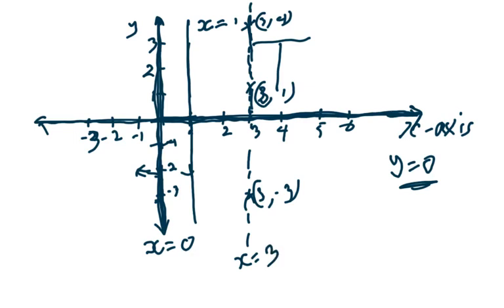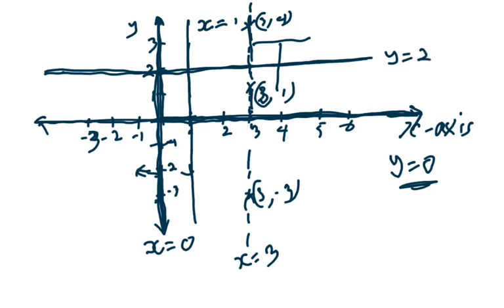Now, if I also picked another line like that, it passes through 2. Therefore, every value of y here is the same, so this is the line y equal to 2, because at every point that I pick, the value of y will be 2.